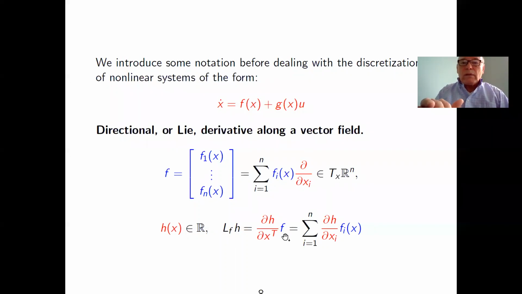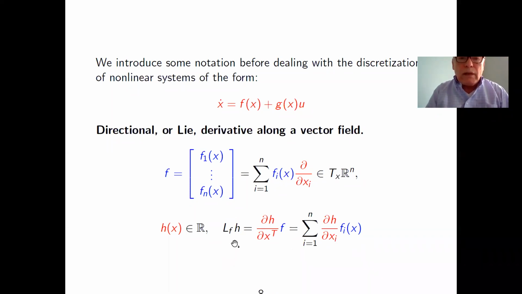Which in component-wise form will be just the product of each one of the derivatives of h with respect to each component in x, multiplied by the corresponding component of the vector field. So this sum is the sum of scalar functions and will produce a scalar value of L_f h.